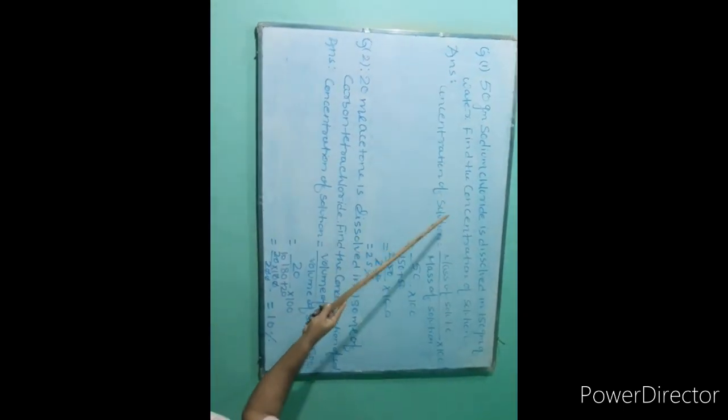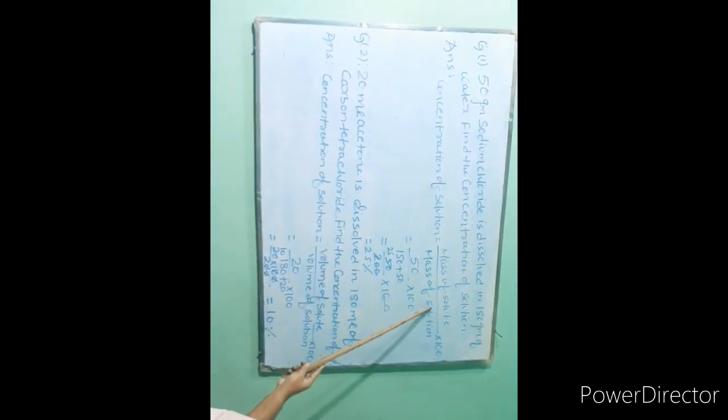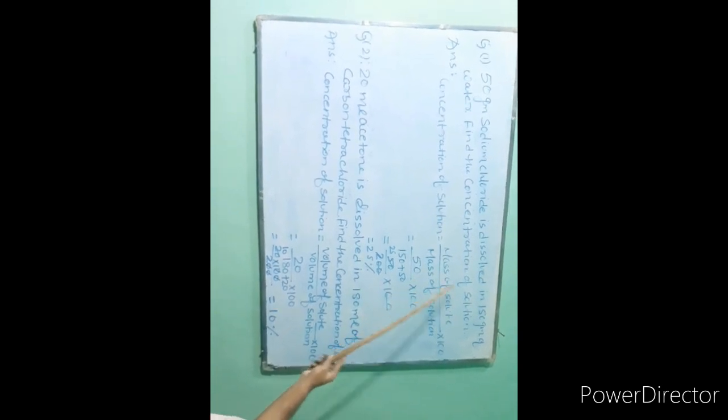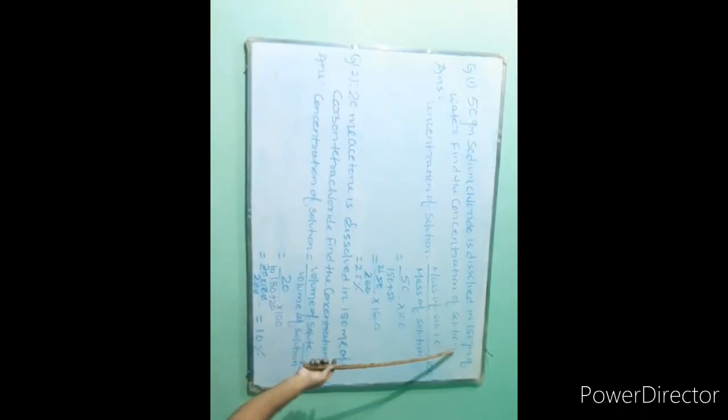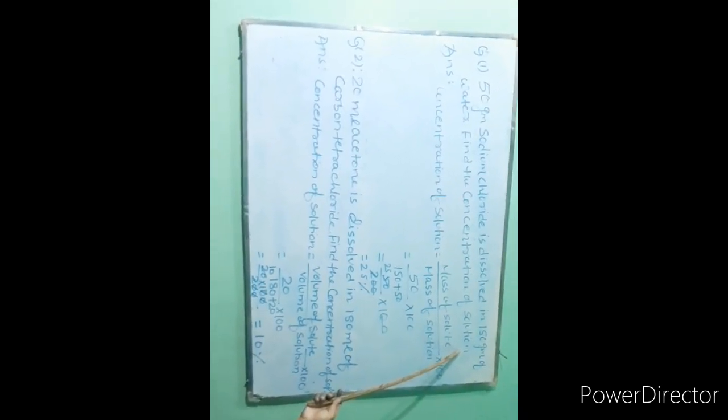Find the concentration of solution. Concentration of solution equals mass of solute by mass of solution into 100. Why do we select this method? Because here solute is in gram and solvent is also in gram.